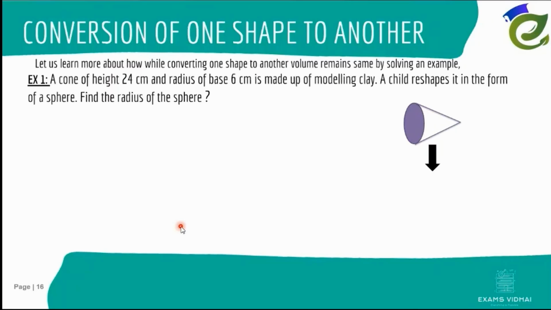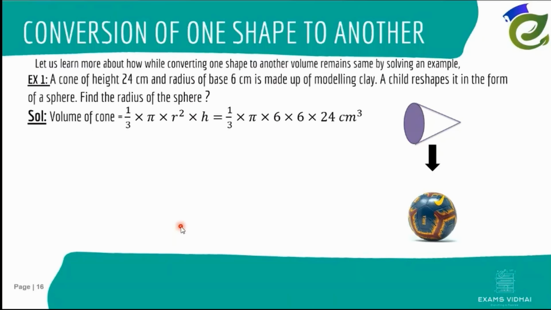You can make different shapes using it, which you see many children playing with, and we too in our childhood have played with a lot. So a child reshapes it in the form of a sphere. We have to find the radius of the sphere. So here there's a cone which is converted to the shape of a sphere.